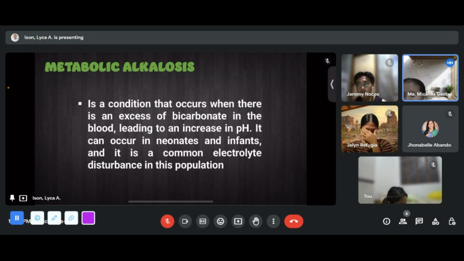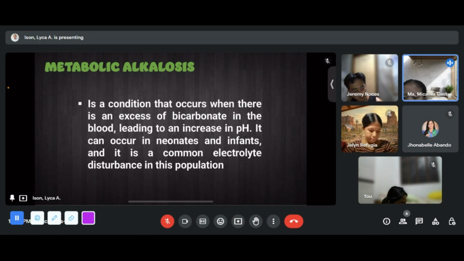pH sa tissue natin. And also, metabolic alkalosis can happen from loss of acid sa ating katawan, such as through vomiting and dehydration.